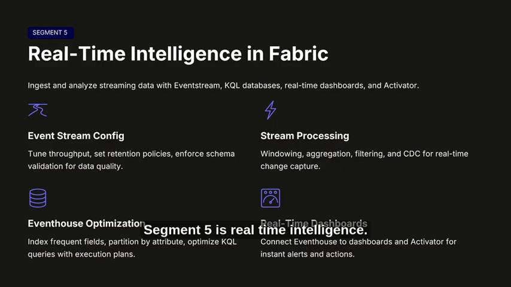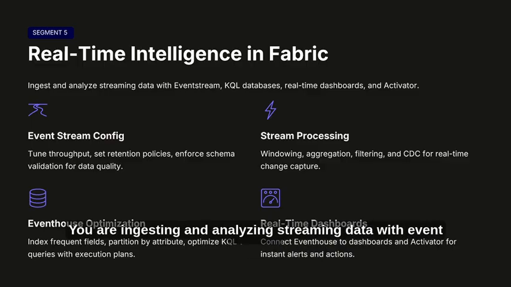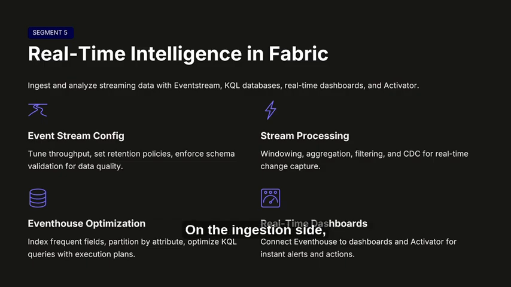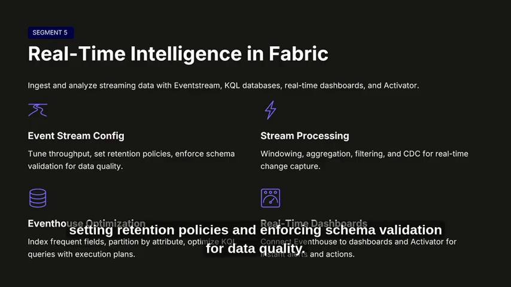Segment 5 is real-time intelligence, and this is where Fabric gets genuinely exciting for streaming scenarios. You are ingesting and analyzing streaming data with Eventstream, KQL databases, real-time dashboards, and activators. On the ingestion side, Eventstream configuration is about tuning throughput, setting retention policies, and enforcing schema validation for data quality.